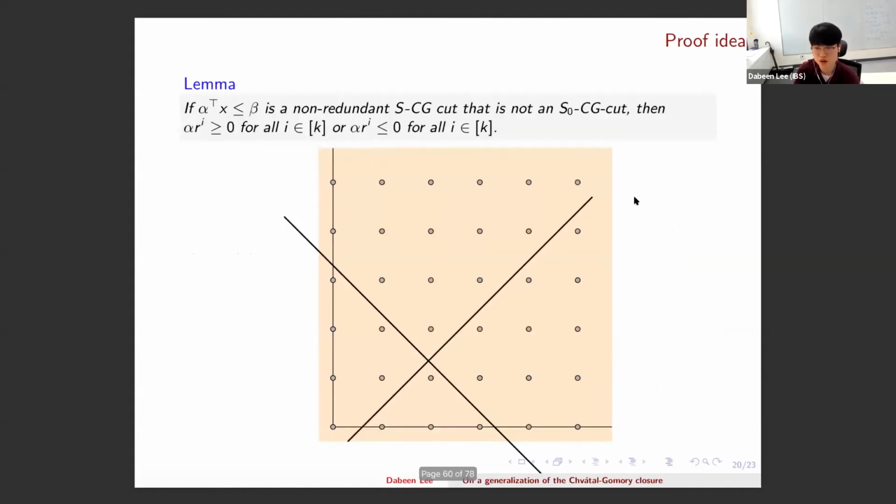Now we have to look at SCG cuts that are not S0 CG cuts and are also non-redundant. The first property we can prove is that if you take the corresponding hyperplane and the direction perpendicular to this hyperplane, this direction should be aligned with the ray directions. If you look at this hyperplane, the direction is not aligned with the rays.